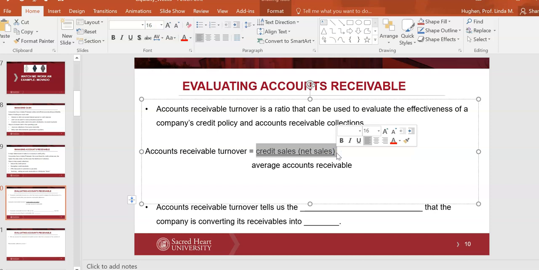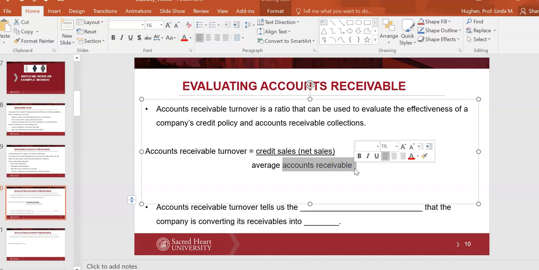In our analysis, we're doing an entire year's worth of sales. So is it safe to say that the entire year's worth of sales relates to the ending balance in accounts receivable? No, it really relates to the average daily accounts receivable. But we can't get average daily. The simplest way to get a better measure than just the ending balance in receivables is to look at the beginning balance plus the ending balance, divide that by 2 to get the average.